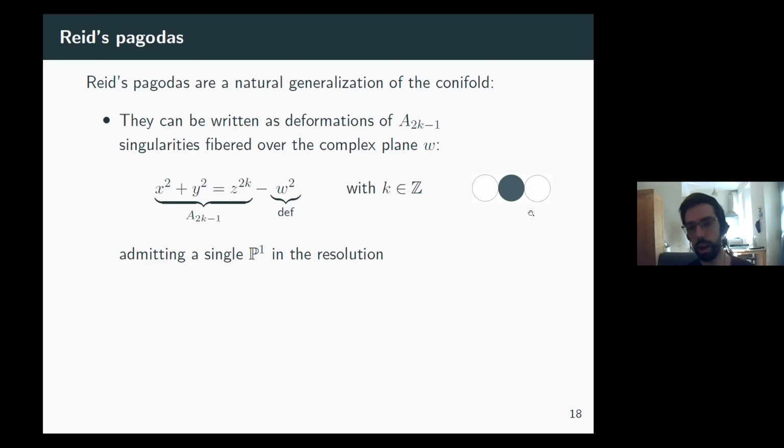So we have an A3 singularity where only the central node can be resolved.